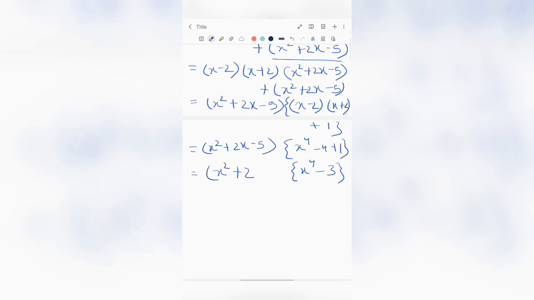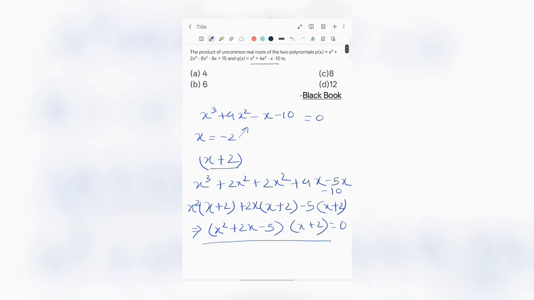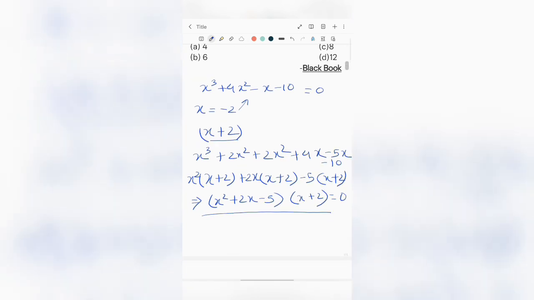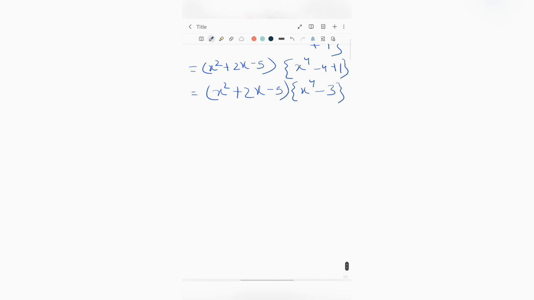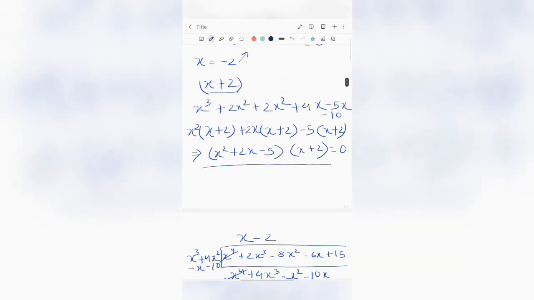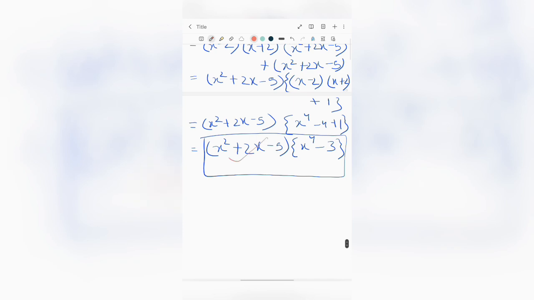Now if we see the question, it asks for the product of uncommon real roots. From this and from this we can easily notice that the common factor is x square plus 2x minus 5.